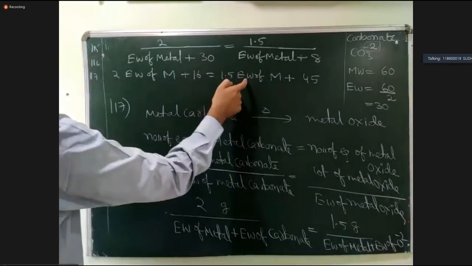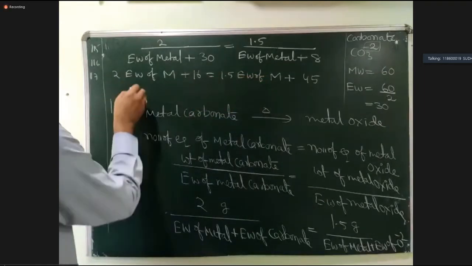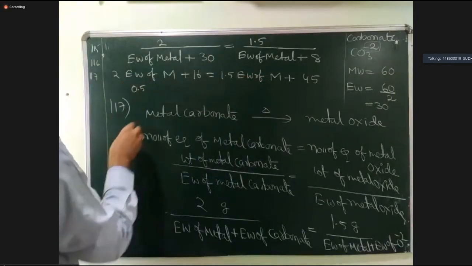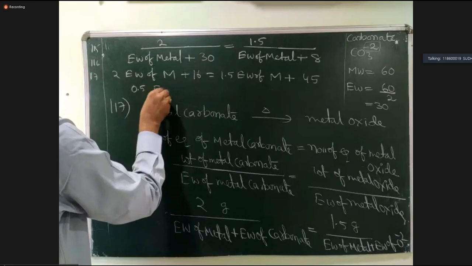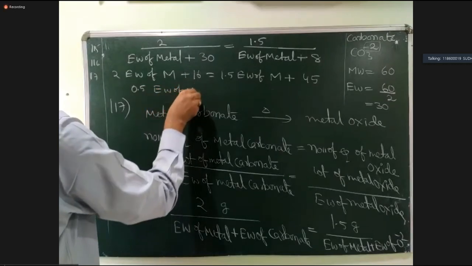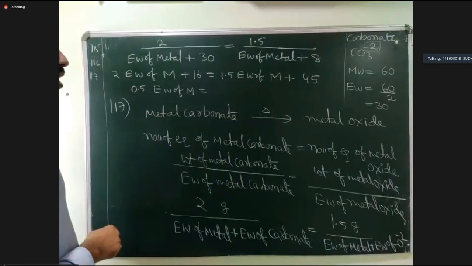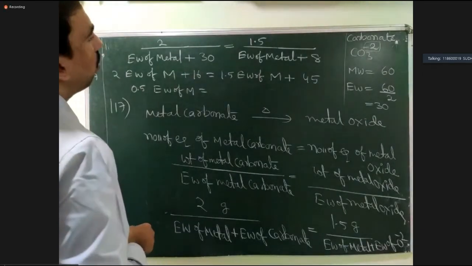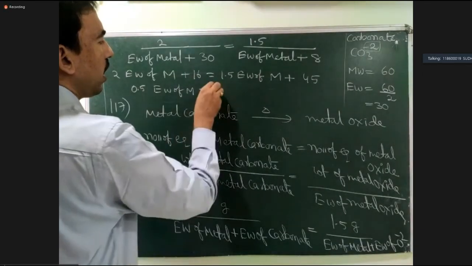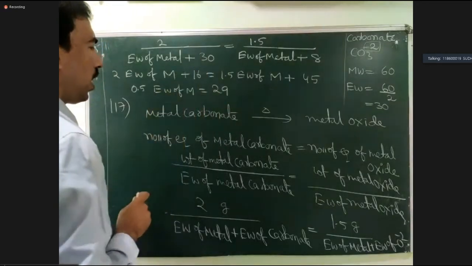Take this equivalent weight of metal this side, so it is 0.5 into equivalent weight of metal is equal to, take this 16 that side, 45 minus 16, so 29.